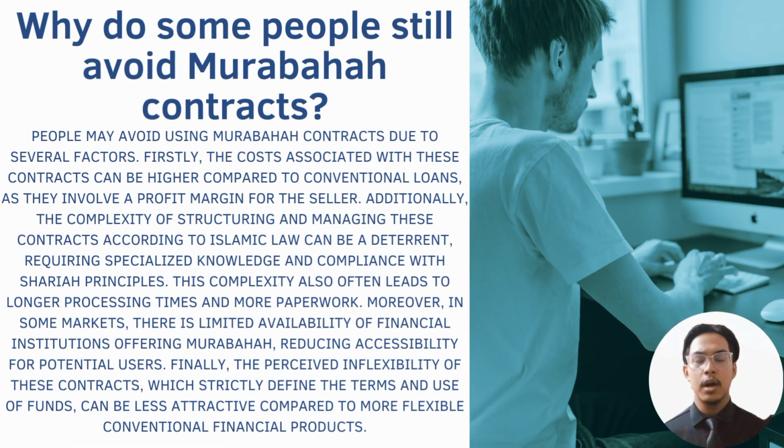So knowing that Murabaha contracts have so many benefits, such as not containing prohibited elements such as riba, gharar, and maisir, and following a profit margin instead of volatile interest rates, why do people still avoid Murabaha contracts? So this is why. People may avoid using Murabaha contracts due to several factors. Firstly, the cost associated with these contracts can be higher compared to conventional loans, as they involve a profit margin for the seller.